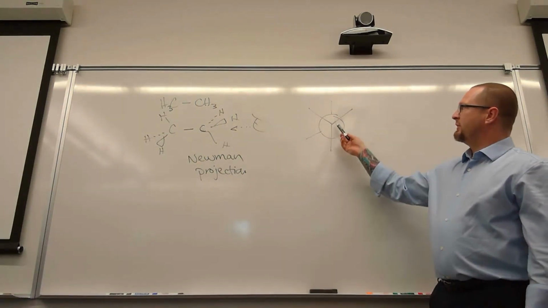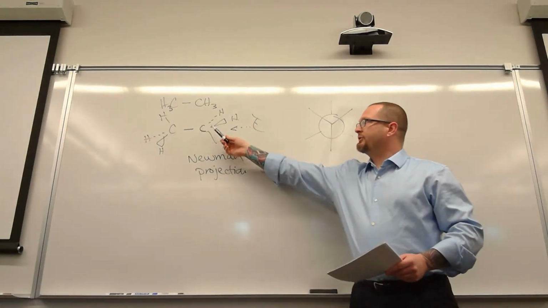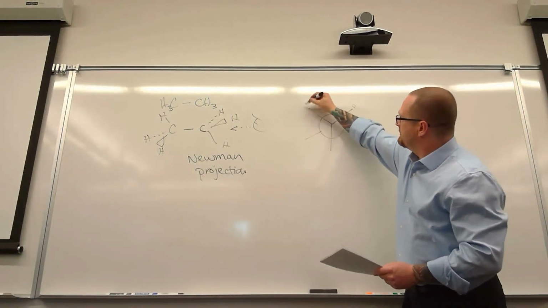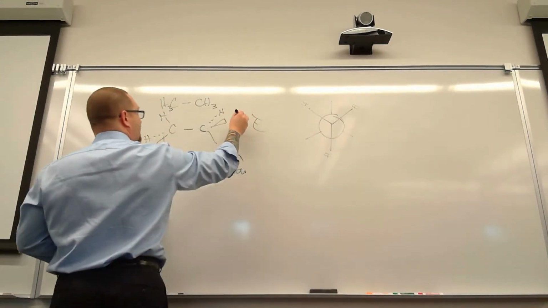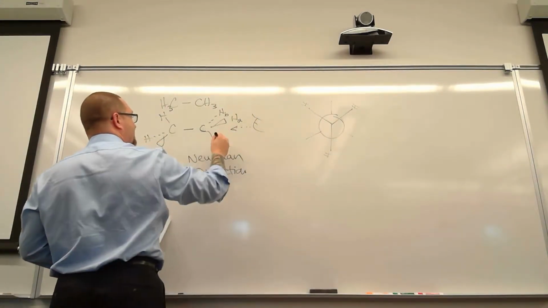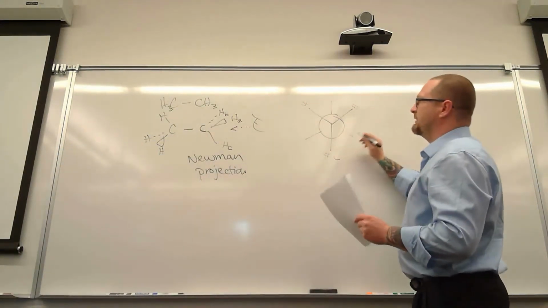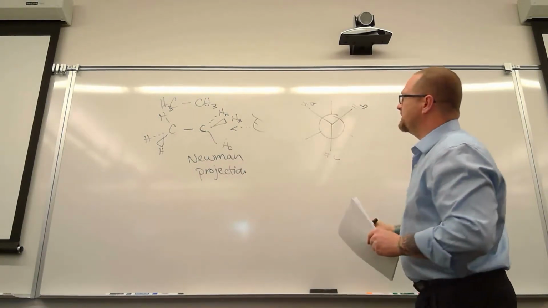Looking at it planarly, in 2 dimensions, 120 degrees, even though the bond angles are 109.5-ish. So I could call this hydrogen A, B, C. This would be hydrogen C. This would be hydrogen A. This would be hydrogen B.